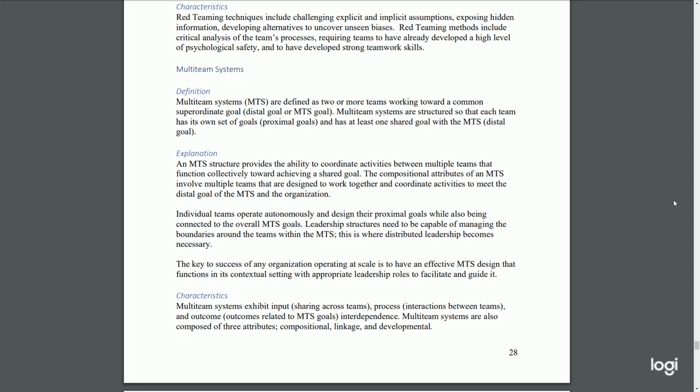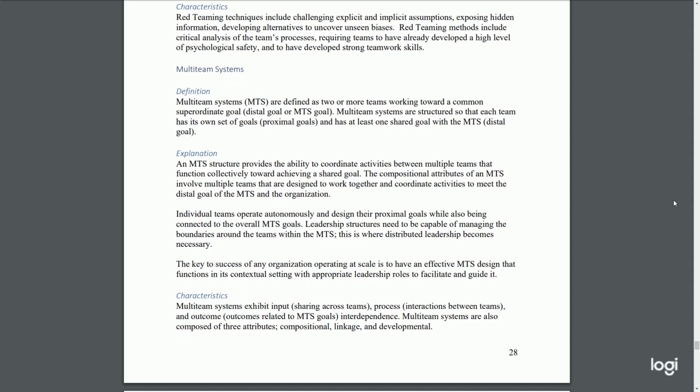Individual teams operate autonomously and design their proximal goals while also being connected to the overall MTS goals. Leadership structures need to be capable of managing the boundaries around the teams within the MTS. This is where distributed leadership becomes necessary. The key to success of any organization operating at scale is to have an effective MTS design that functions in its contextual setting with appropriate leadership roles to facilitate and guide it.